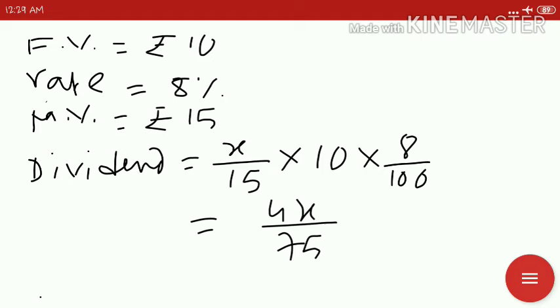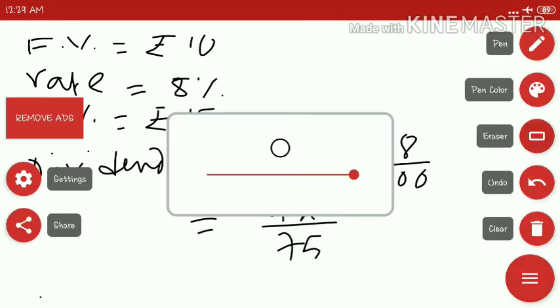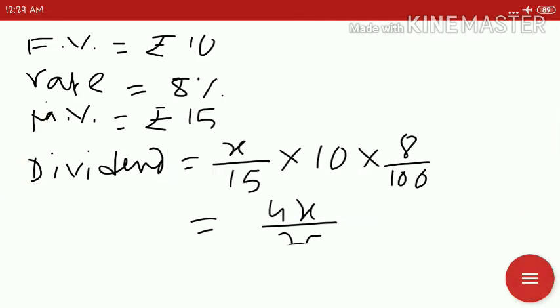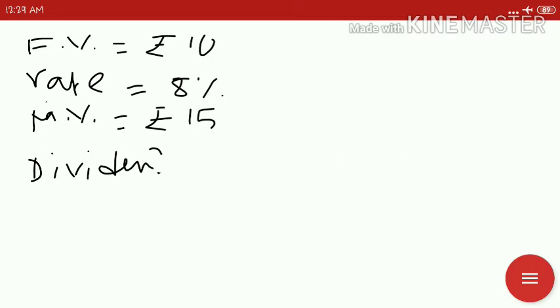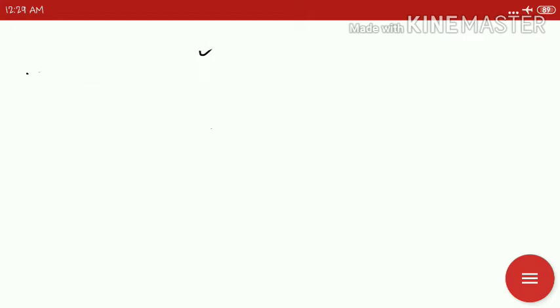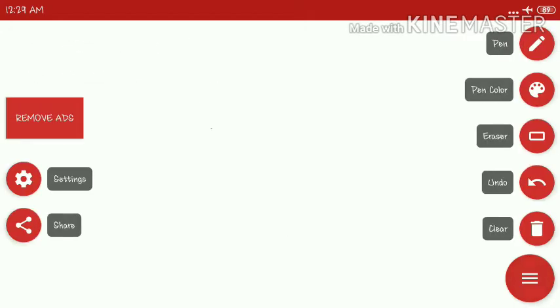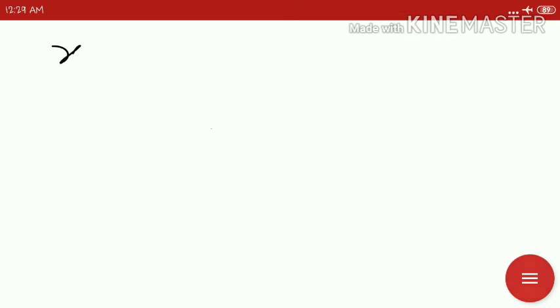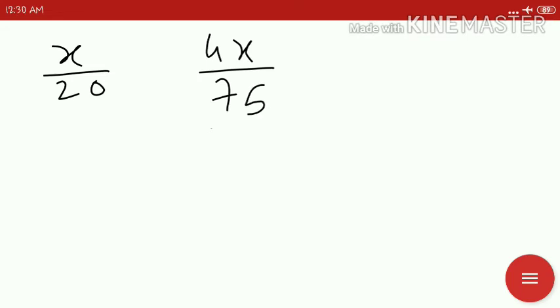If you are going to compare two fractions, first you have to write those two fractions. Here we have got two fractions, one is x by 20 and the other is 4x by 75. Now you have to multiply them in crisscross way.